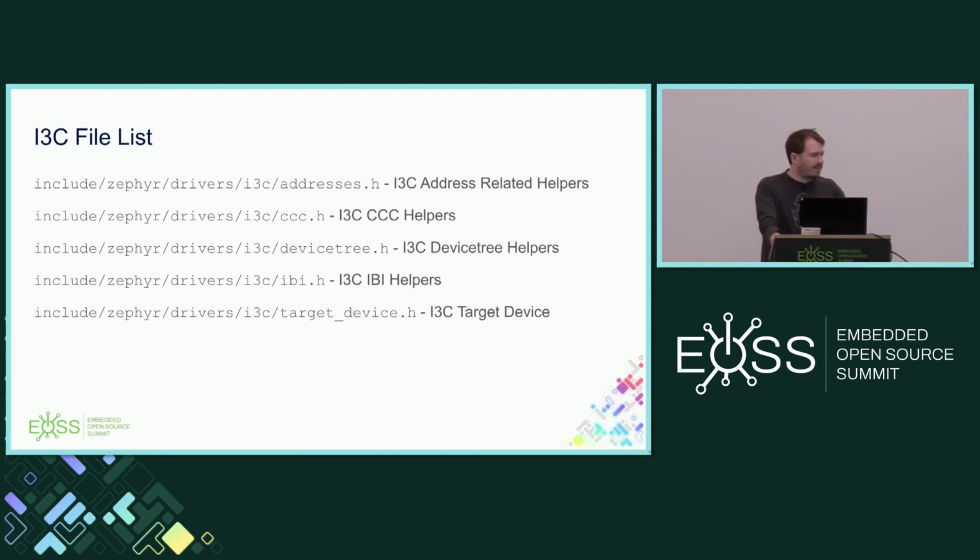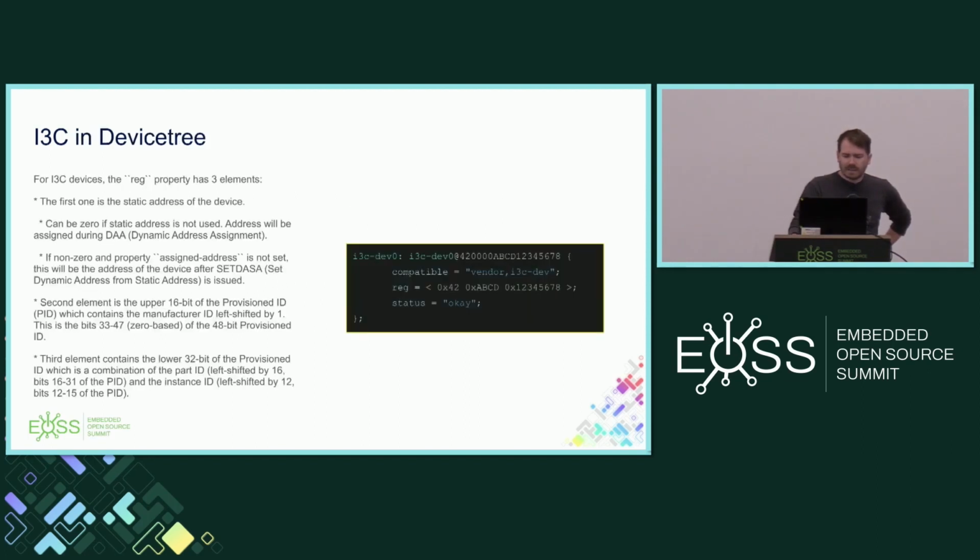There are also address related helpers, which help with assigning addresses and looking up what free addresses are available to assign to an I3C device. There's even I3C target device support as well.